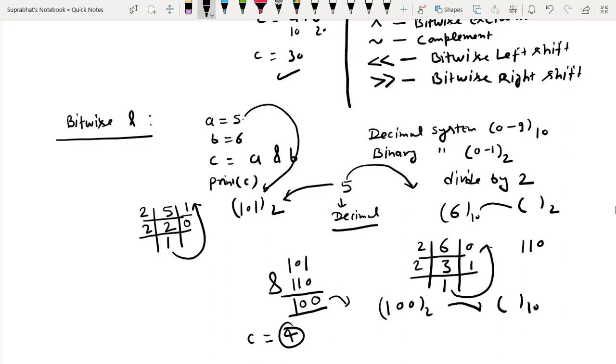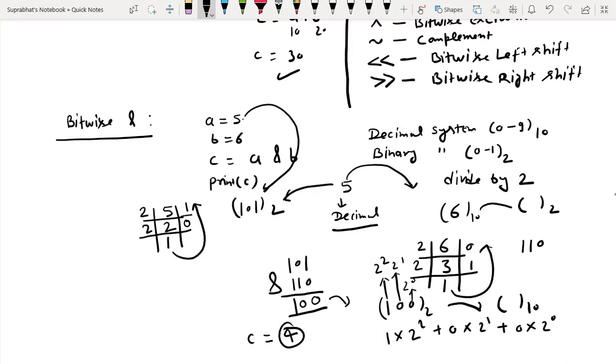As you convert decimal into binary you divide by 2, and when you convert binary into decimal, you have to multiply by powers of 2, that is 2 to the power 0, then 2 to the power 1, and 2 to the power 2. So 1 multiplied by 2 to the power 2 plus 0 multiplied by 2 to the power 1 plus 0 multiplied by 2 to the power 0.